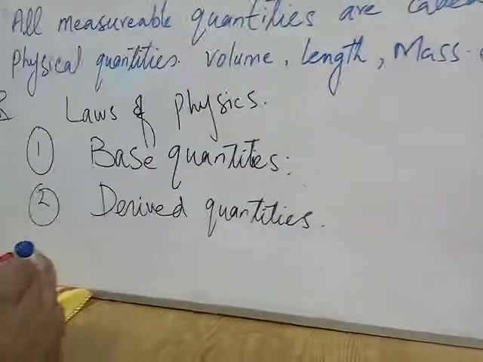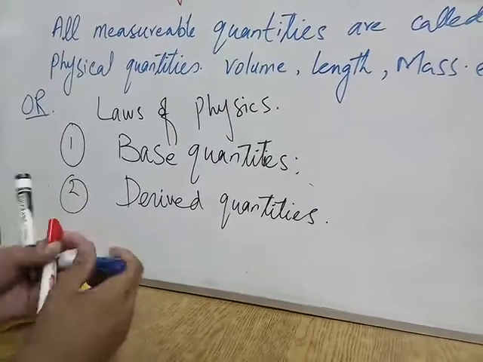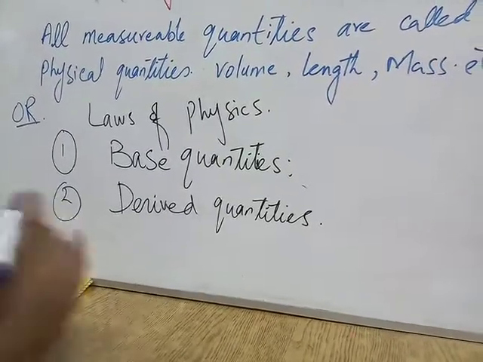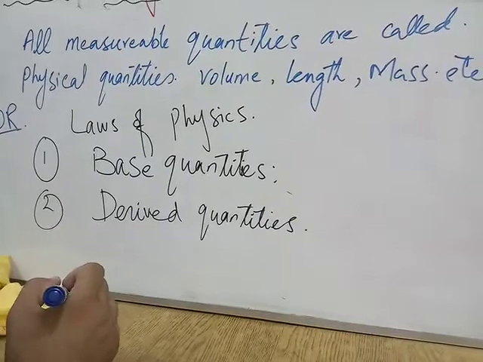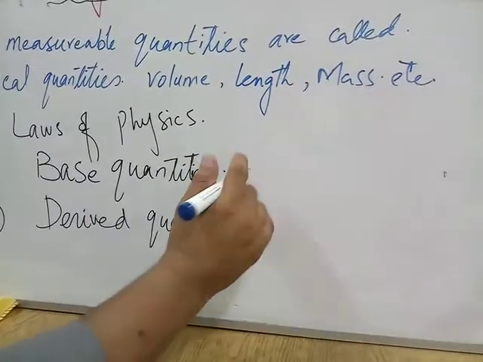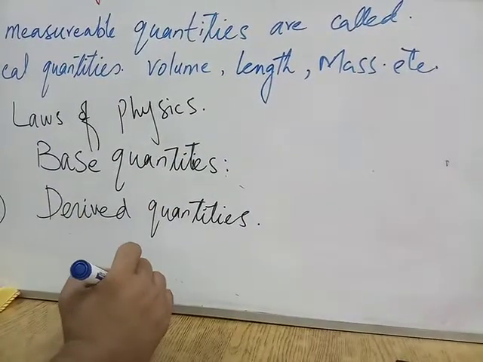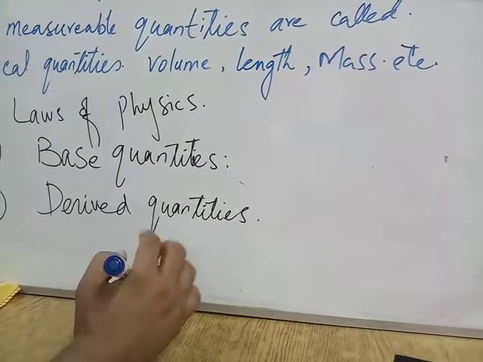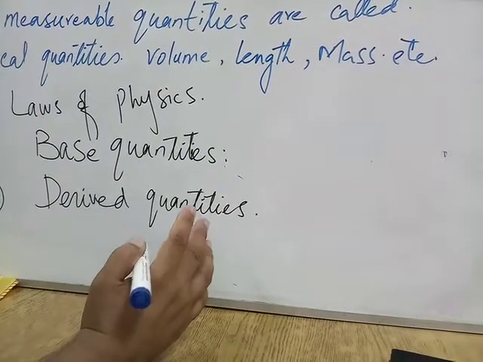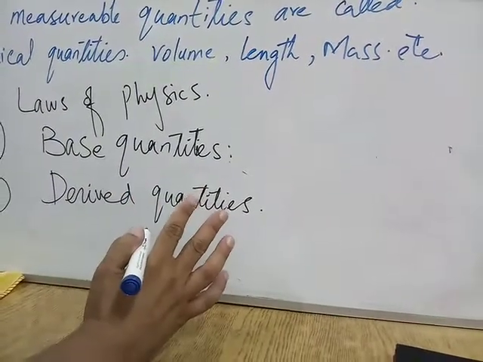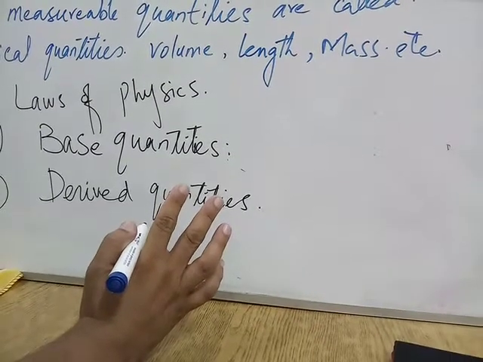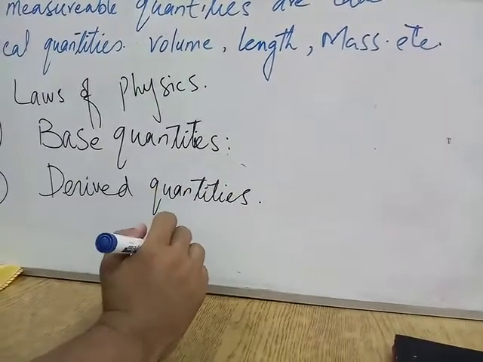First, we discuss base quantities. The definition of base quantities is: those quantities which are not derived from other physical quantities, or the minimum number of quantities which are required to derive other physical quantities.